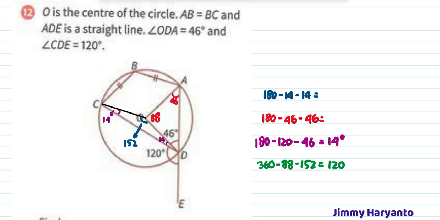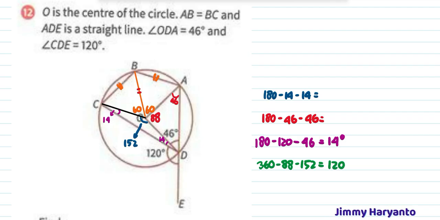It's 120. Okay, and then let's separate it like this. Because this one is the same length, that means the 120 will be separated into two parts equally. That means this one is 60 and that one is 60.